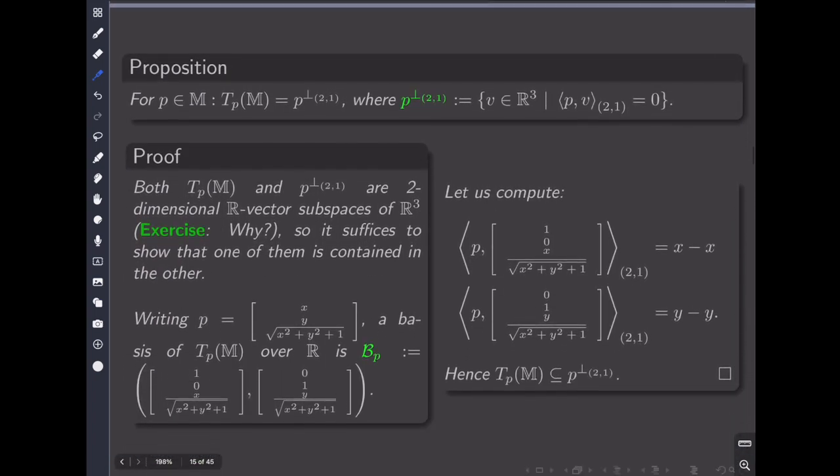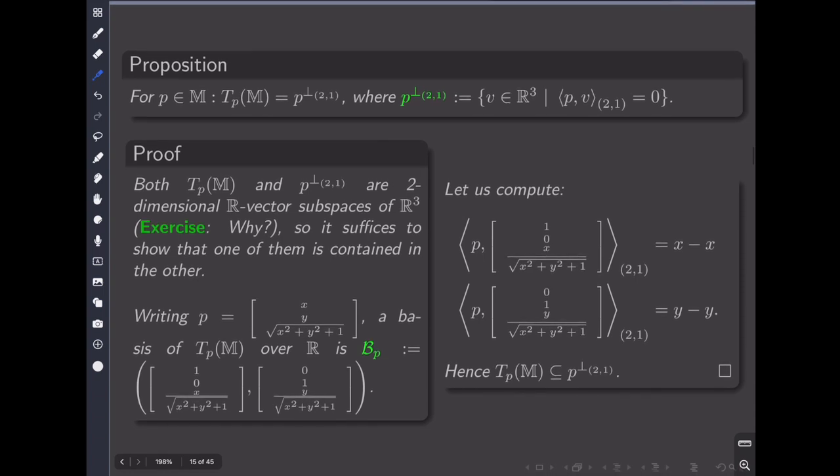A proposition, which is not hard to prove: if you want to compute the tangent plane at any point of the hyperboloid explicitly as a subset of R3, it's quite easy.